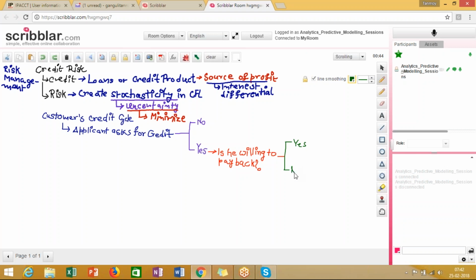However, if he is not paying back the loan, then the next question that comes up is, how likely is he to default in the next 12 months?